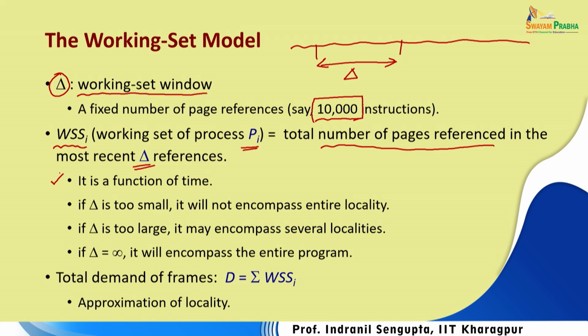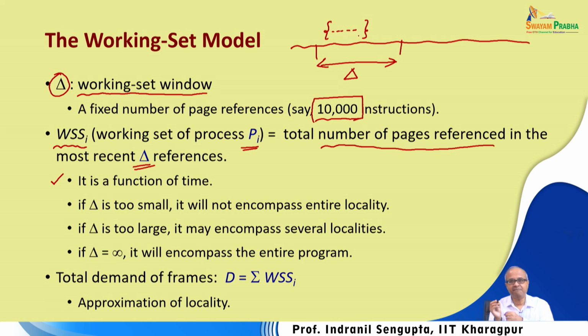What we are trying to do is look at a window of size delta and observe the pages contained in that window. We are trying to keep all those pages in memory.